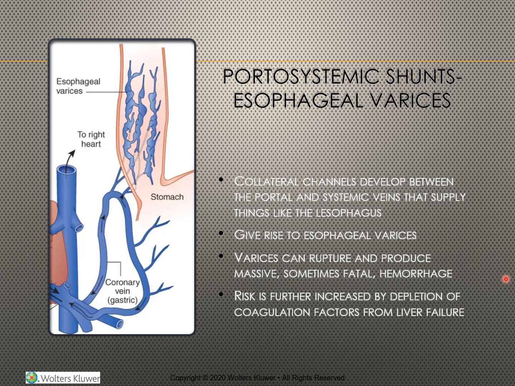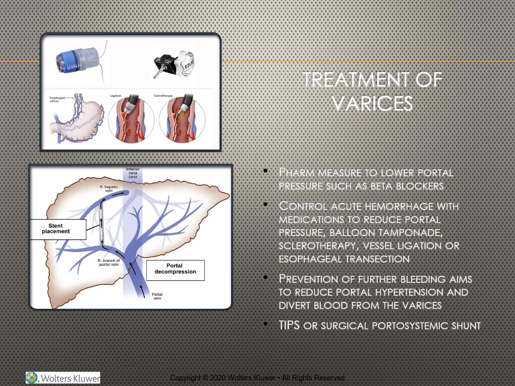It can occur in up to 30% of people with liver failure during the course of that illness. And the mortality rate for people who have esophageal varices hemorrhaging is about 20%. So a very potentially fatal complication of liver failure.